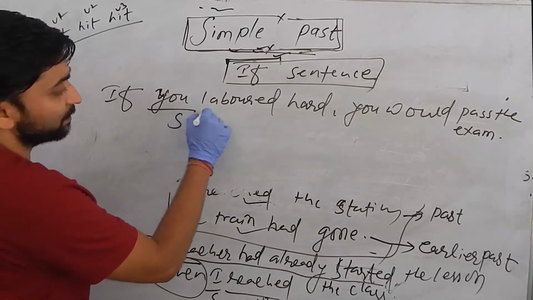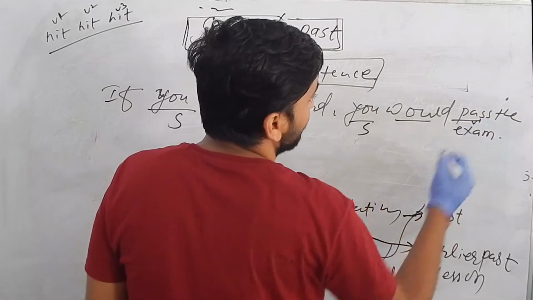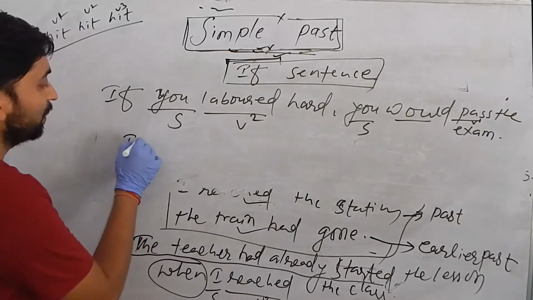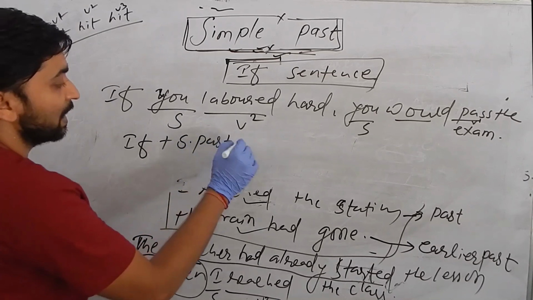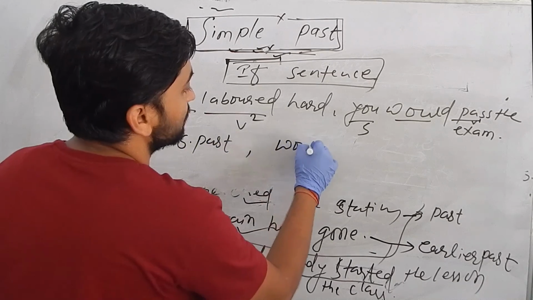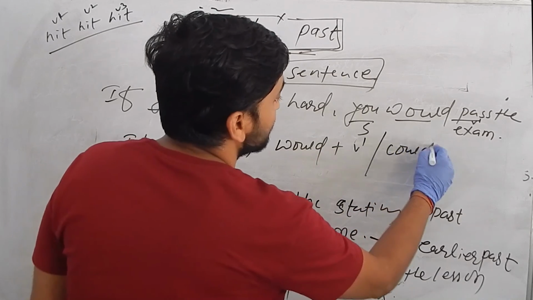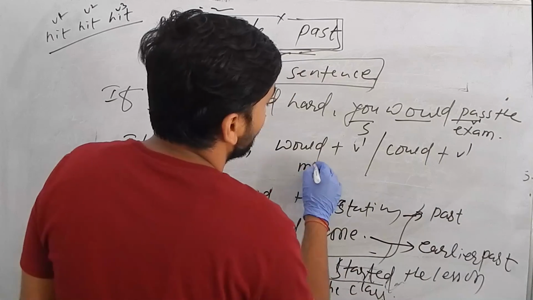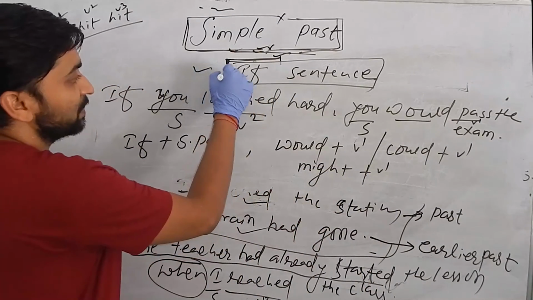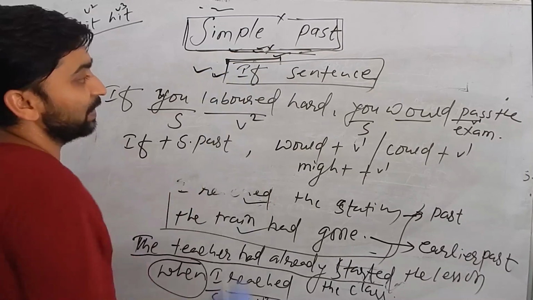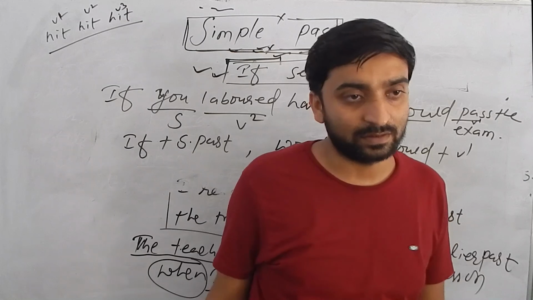Like subject is here, V2 is here, subject would plus V1. Okay. So what is the rule here? In if sentences, if plus simple past. Okay. And then after that, would plus V1, or we could plus V1 can also be written, or might plus V1 can also be written. So even it is used in an if sentence. This is all about the uses of simple past tense.